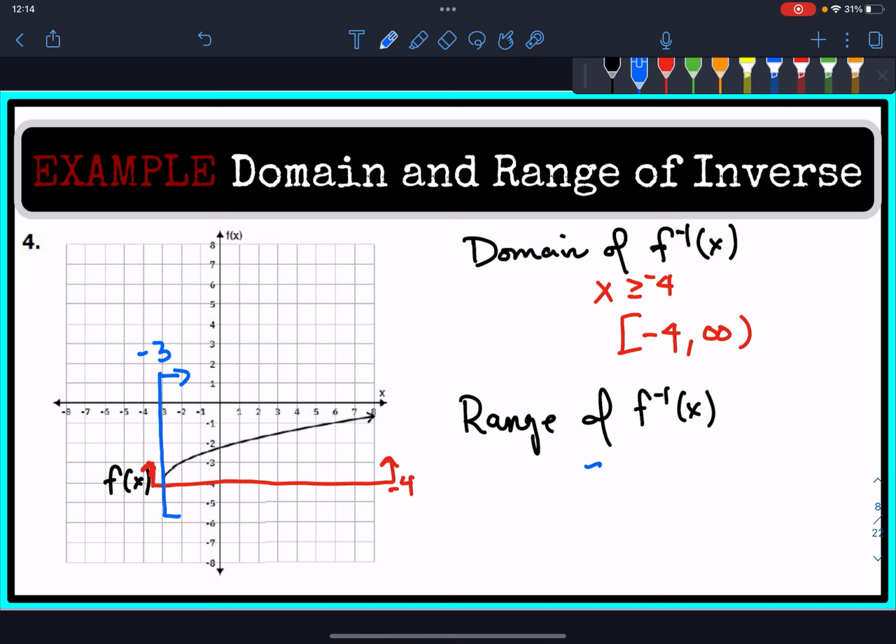So our range is all the y values from -3 to infinity. So that's our range. Again, it just simply switches. If you find the domain and the range of the function, they switch: the range becomes the domain and the domain becomes the range.